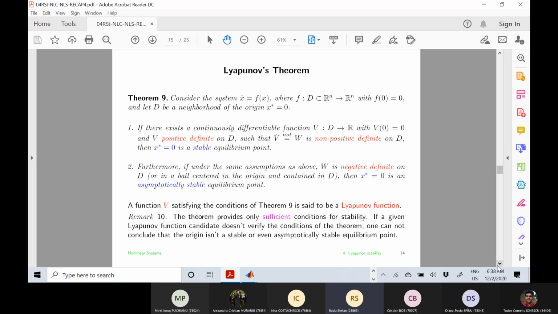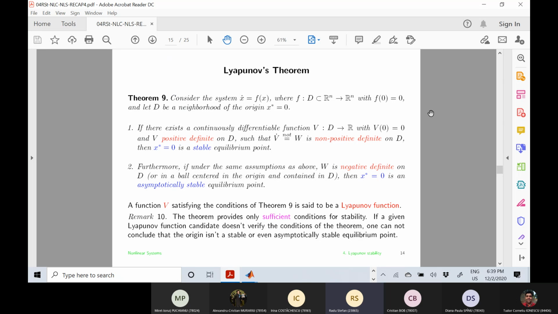Let us recall the Lyapunov theorem. Let's always have the assumption checked. We need f of 0 equals 0. So the origin has to be an equilibrium point of the system, right?